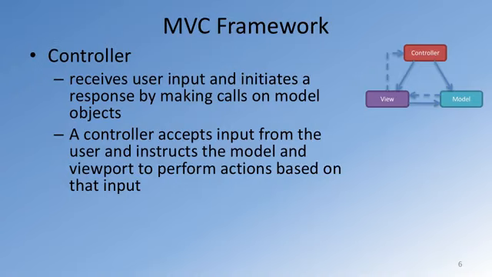So to summarize, the controller can accept input from the user in terms of the user interactions that have taken place, and then it will instruct the model to change the state. Simultaneously, the controller may also cause the view to change the way the information is being shown in the view. So that is the reason why in this picture you have two arrows going from the controller, one towards the model and the other towards the view.